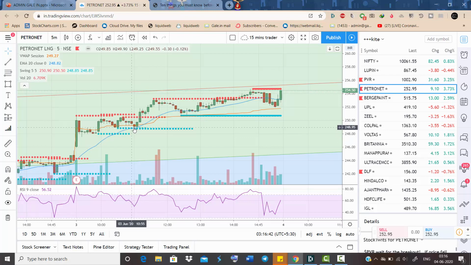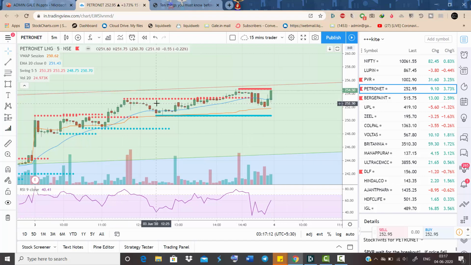You can see again there is a reversal at support with good volumes. So this is another good entry point. This candle's stop loss is 248.5. As the stock moves, you can see here RSI 9 is just crossing 80 at this point, and you can see this candle happening with high volumes.